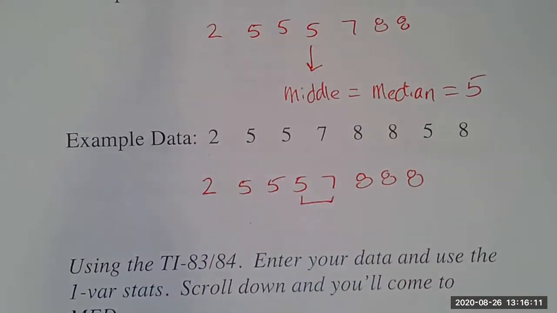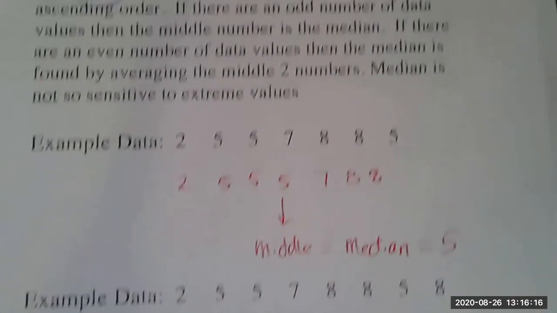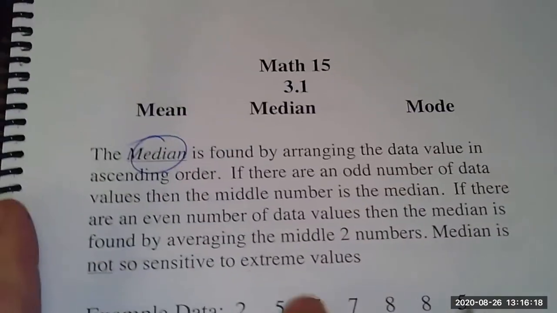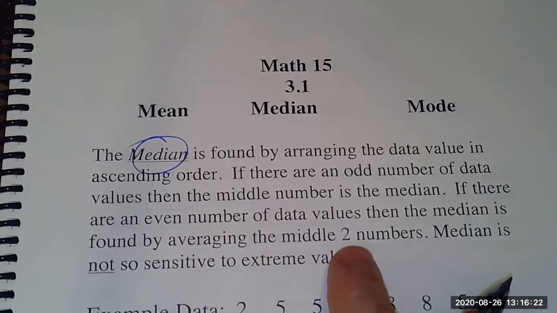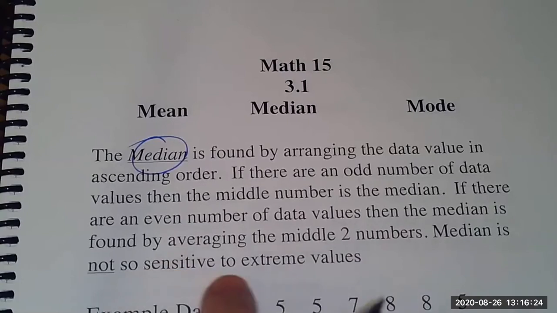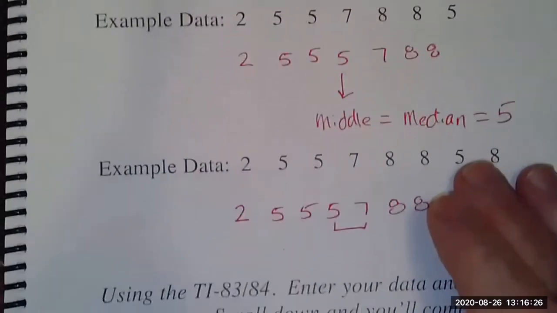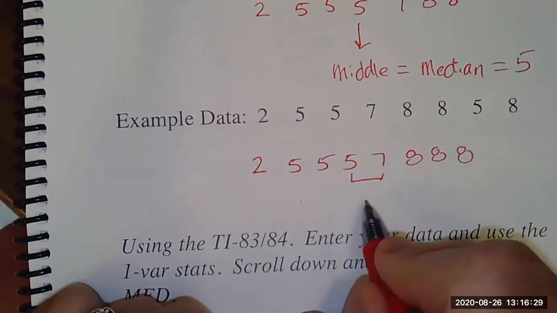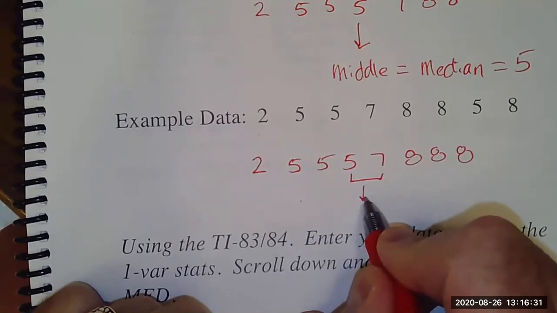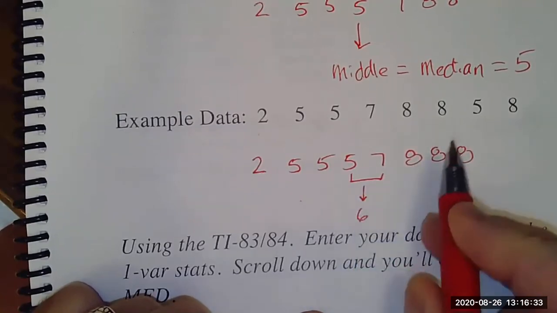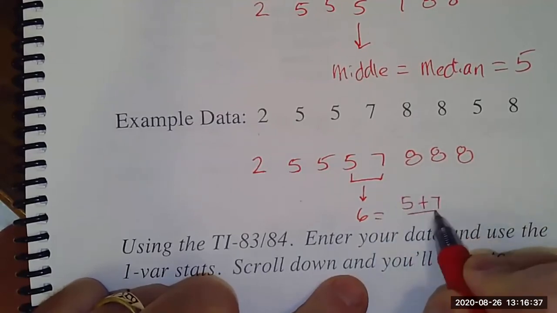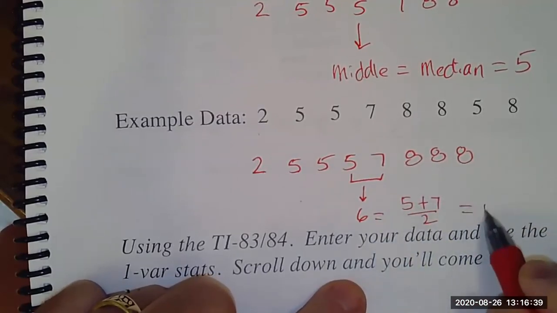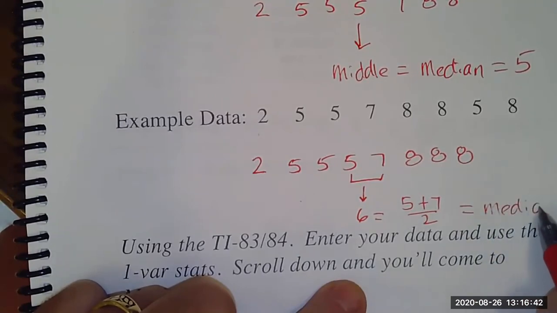So if there's an even number of data values, according to the instructions up here, you're going to average the middle 2. See, the median is not sensitive to extreme values. So I'm going to take 5 and 7, add them together and divide by 2, 6. Okay, how did you get that, Jeff? 5 plus 7 divided by 2 is equal to 6. This is your median.